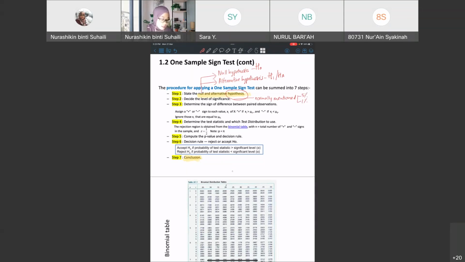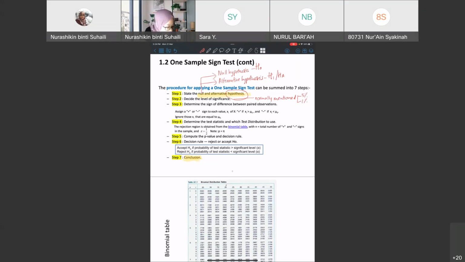Because you will use them later in the following steps. If it is mentioned in the question as 5%, you just use 5%. But if it's not mentioned, you can define in your workout that you assume a level of significance of either 5% or 1%, it's up to you.